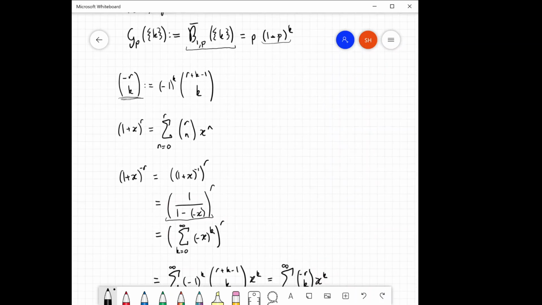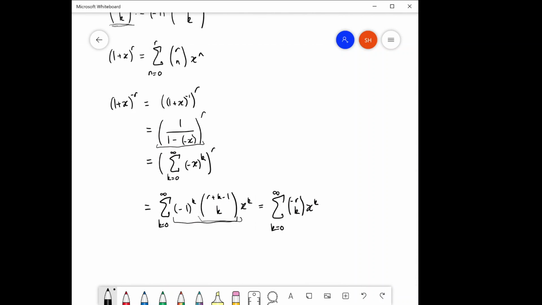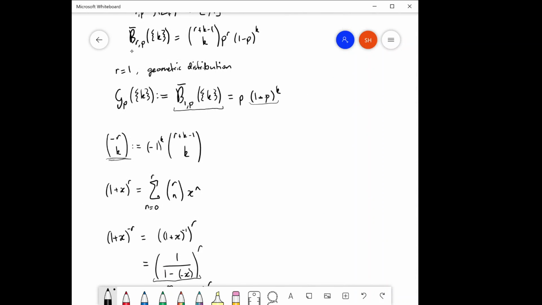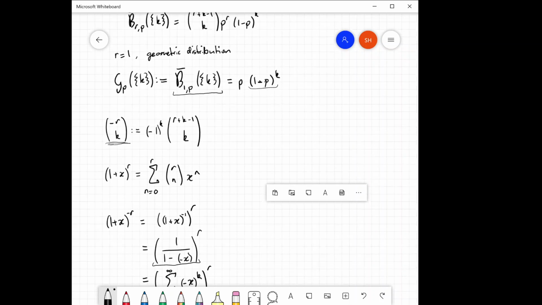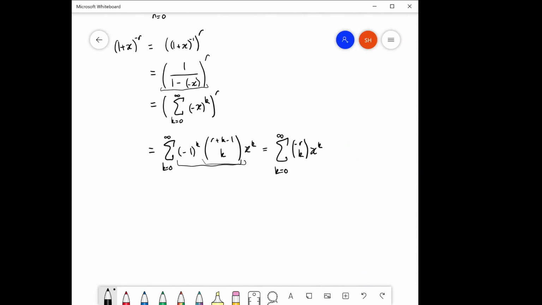Okay, and we can actually use this property to show that the negative binomial distribution is in fact a distribution. So let's try that now. So we want the sum over k equals 0 to infinity of the negative binomial distribution of k. Okay, well, let's write this out.